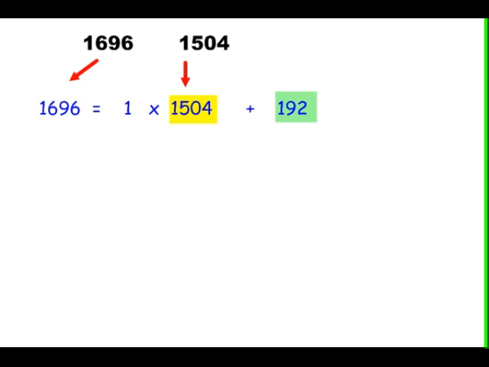We now take the 1504 over to the left hand side and we divide the 1504 by the 192. We do that in our calculator. 1504 divided by 192. We see that it's 7.8333, so it goes 7 times.